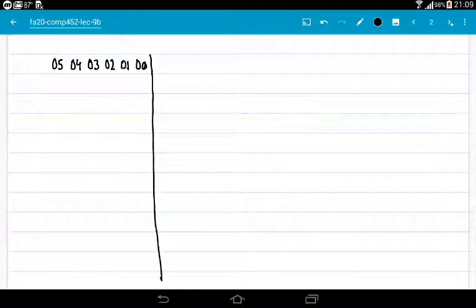Then I have RegDst that I want to write in blue color, then MemRead, then MemToReg, and then ALUOp, which is 2 bits.